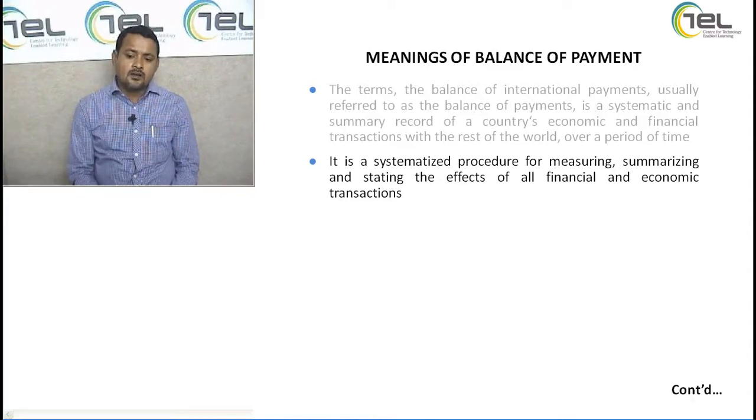Because of a dwindling BOP, the Chandrasekhar government had to resort to depositing gold owned by the central government of India with the International Monetary Fund. Now, as the economic scenario has improved much in the Indian subcontinent, the Indian central government has been purchasing back over these years the gold which was earlier reserved with the International Monetary Fund.